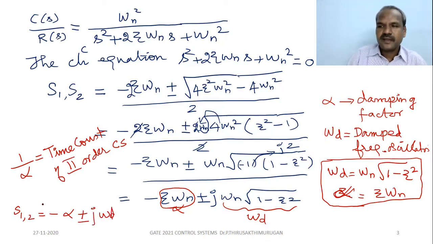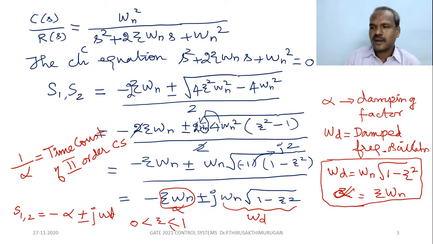Understand? Plus or minus j omega d. This is valid for zeta between 0 and less than or equal to 1.